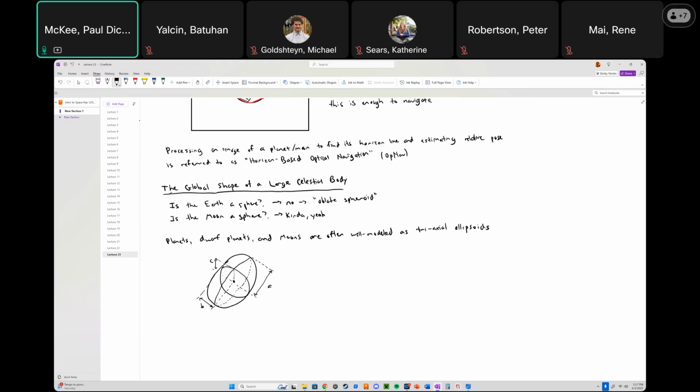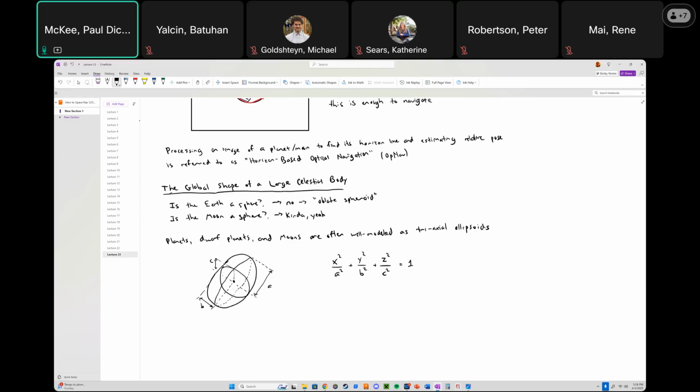And the equation to describe this is x squared over A squared plus y squared over B squared plus z squared over C squared is equal to 1. So a point xyz lies on the surface of this ellipsoid if this equation is true.